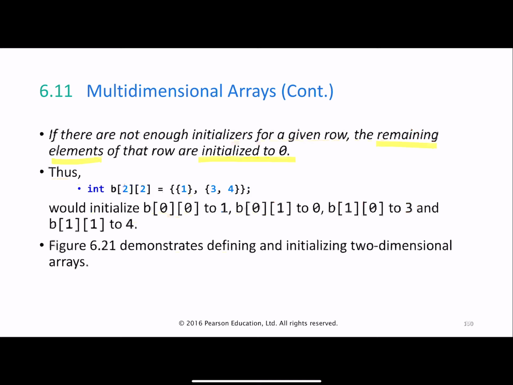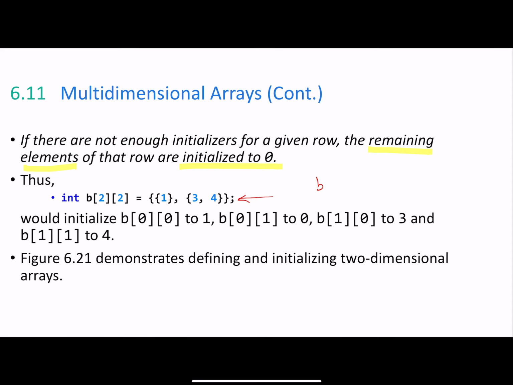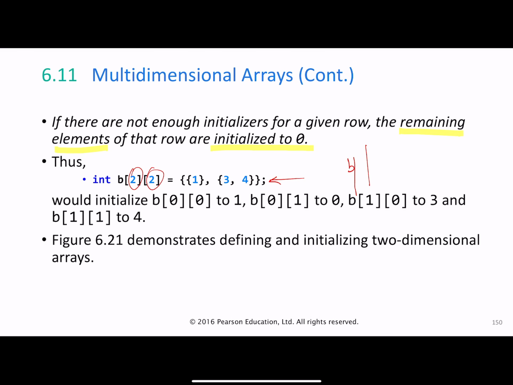And just like there's a trick to initialize elements of a one-dimensional array to 0, we can do the same thing for two-dimensional arrays. So if we modify the initialization statement we saw on the previous slide to something like this, this would still create a two-dimensional array of 2 rows and 2 columns, but it would initialize the values slightly differently.